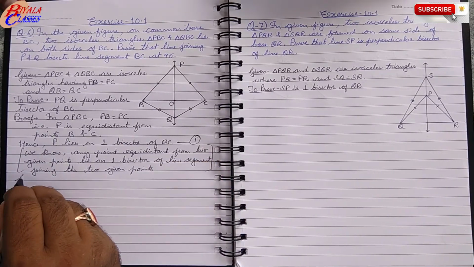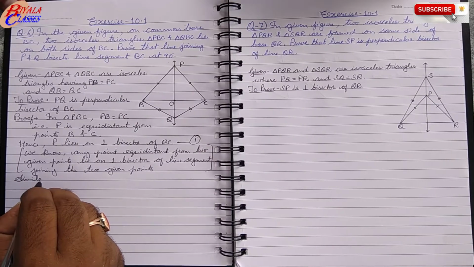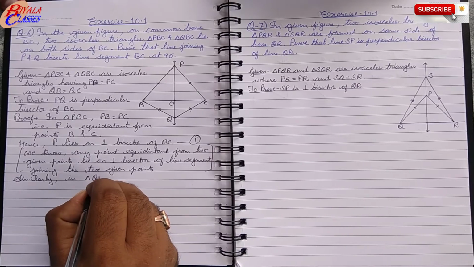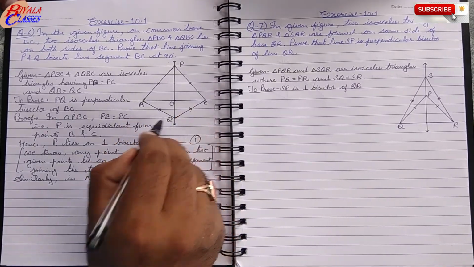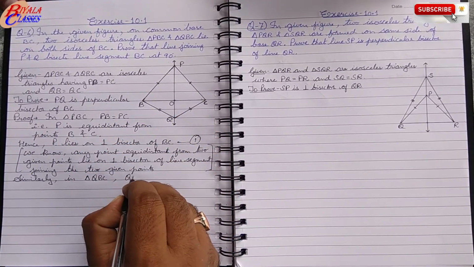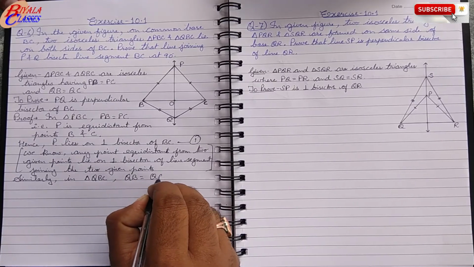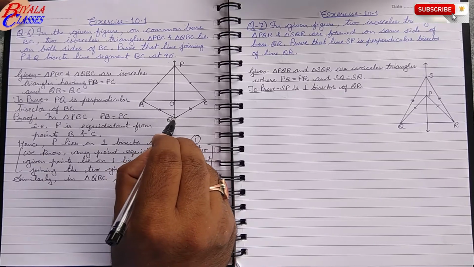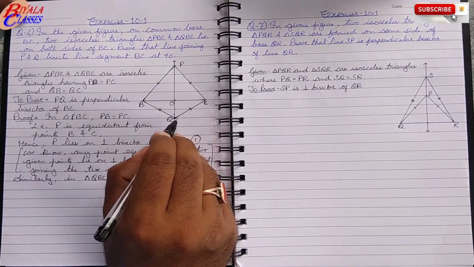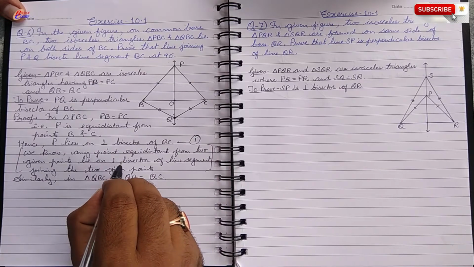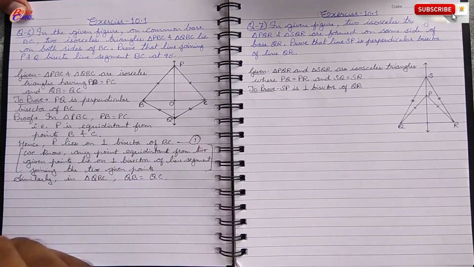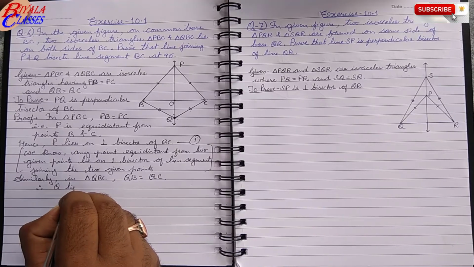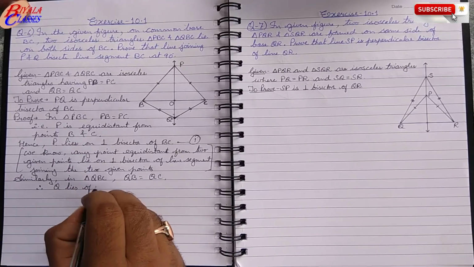Now similarly, in triangle QBC, if you check out the second triangle QBC, what we have? We have QB is equal to QC. Now because QB and QC are equal, we can say that Q is at equal distance from B and C. And again using the same theorem, we can say that Q lies on perpendicular bisector of BC.